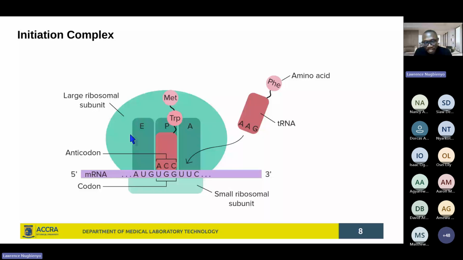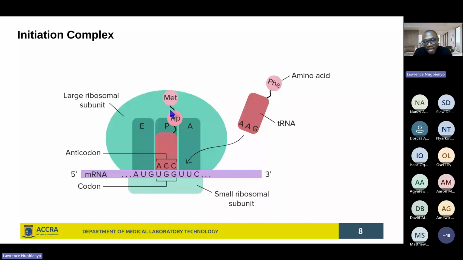So when we watched the animation just before this, we saw that process where you saw the transfer RNA leaving the complex from the E site, the exit site. The P site also means the peptidyl site, because that is where you are finding the peptide being formed.